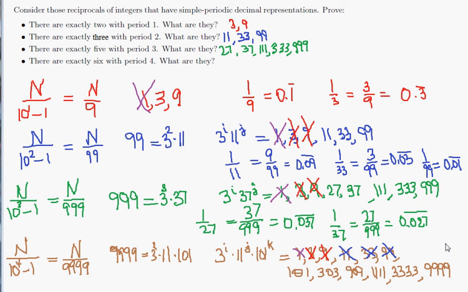So period 1 and period 2 are both factors of 4, but the minimum length would not be equal to 4. So here are the 6 that have a decimal representation of exactly 4 digits: 101, 303, 909, 1,111, 3,333, and 9,999. So those are the possibilities.